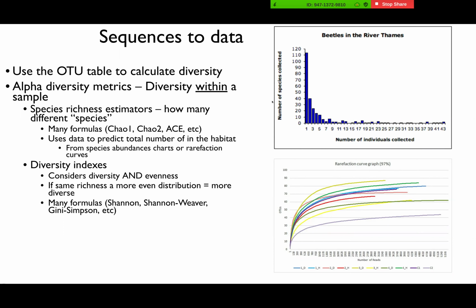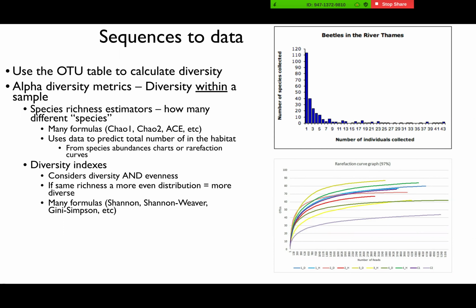The y-axis of this graph is the number of species collected and the number of individuals collected, i.e. the number of beetles collected. And we can see that as we increase the number of beetles collected, we don't find any more species over time, but we do find a lot of species of beetles. And this is what species richness is.